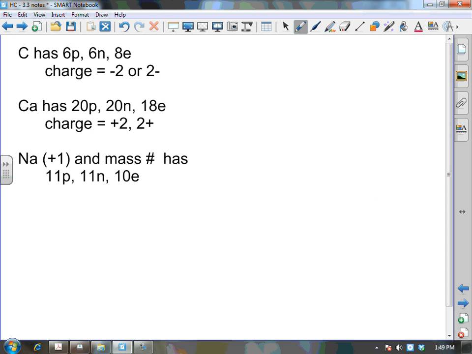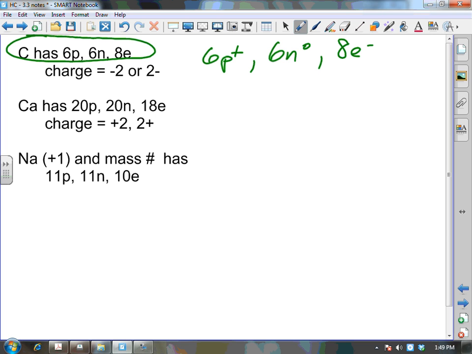Last example here. Let's say we have a carbon atom that has 6 protons, 6 neutrons, and 8 electrons. Well, it has 6 pluses and 8 electrons, so its charge is a 2- because it has 2 more electrons than protons.